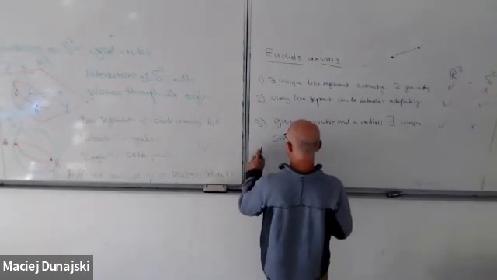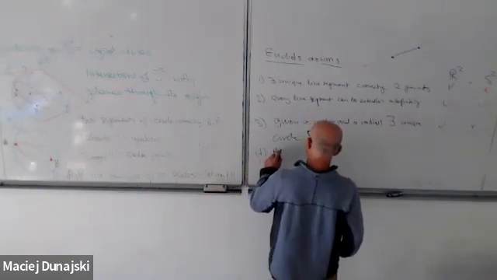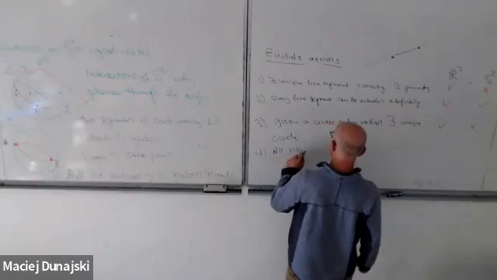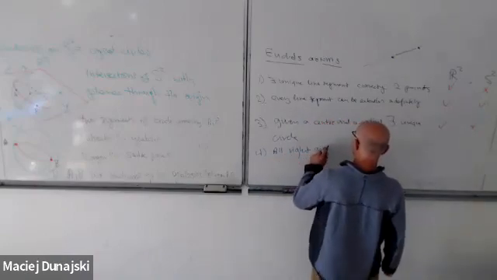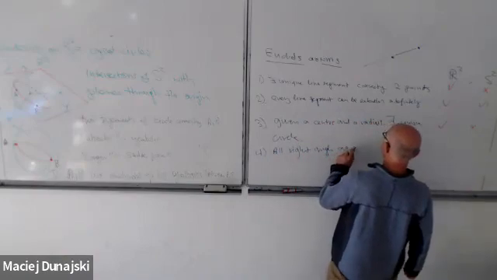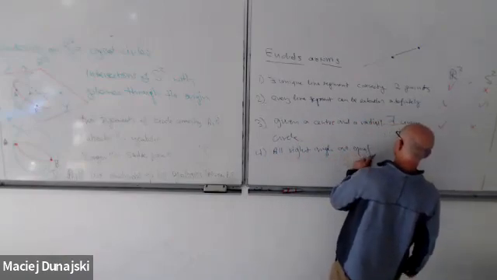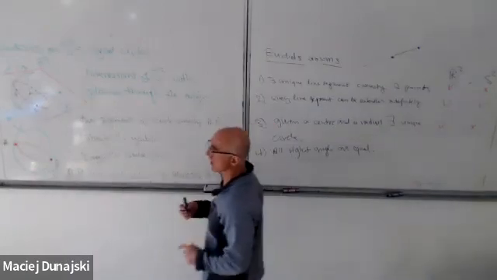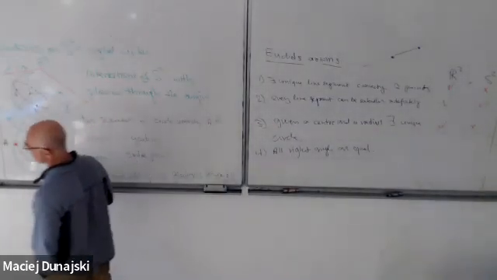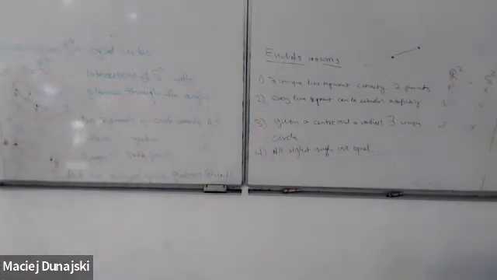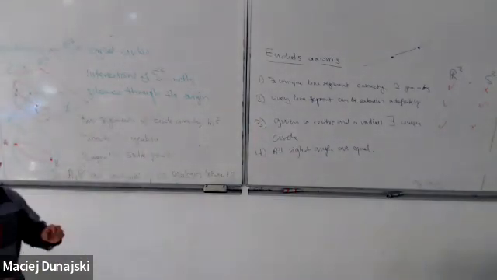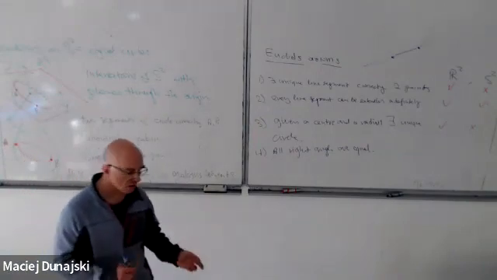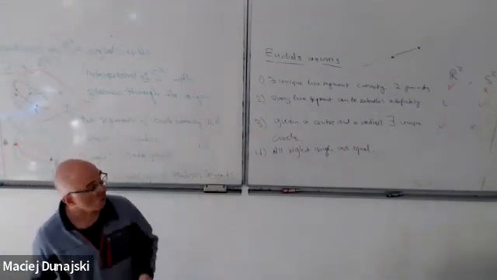Fourth axiom: all right angles are equal. That's an old axiom to state, but what would be simplified is: given two right-angled triangles on the plane, you can take one and rotate it and translate it so that the right angles of this triangle and the first one will coincide.